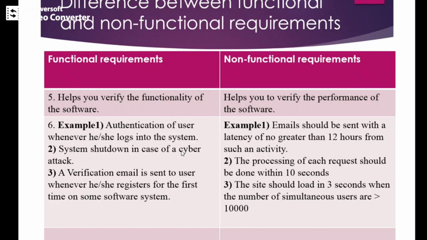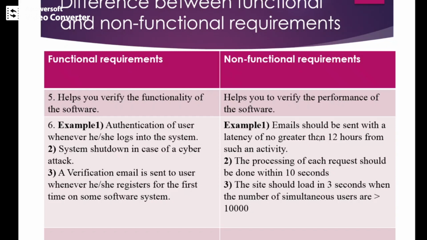Third, a verification email is sent to the user whenever he or she registers for the first time on a software system. Once your registration is successful, you should get a mail, isn't it?